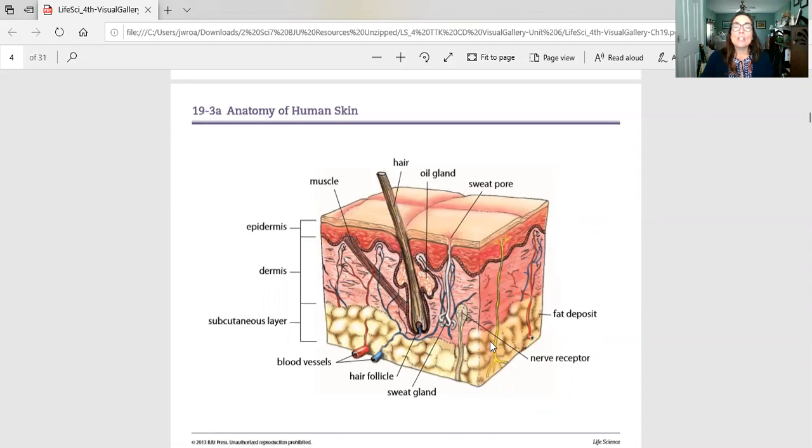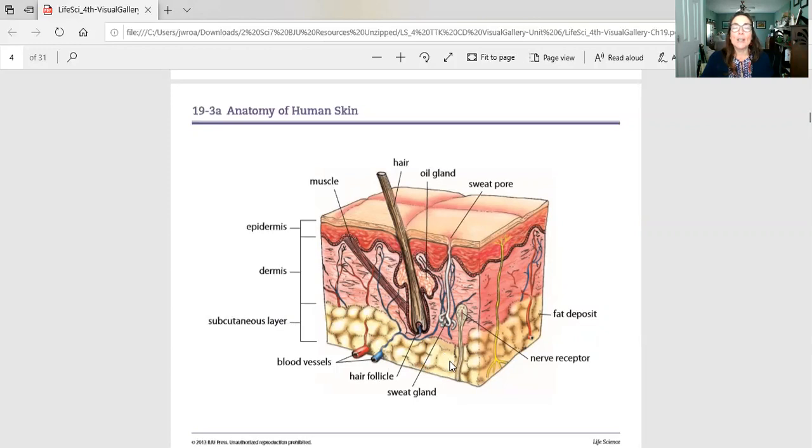Then there's this layer underneath that looks sort of like cotton balls in this picture. Those are actually fat blobs.